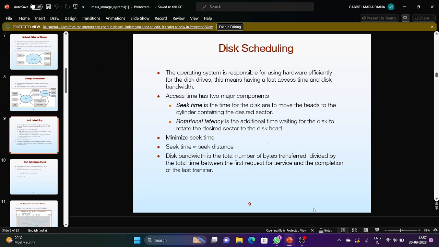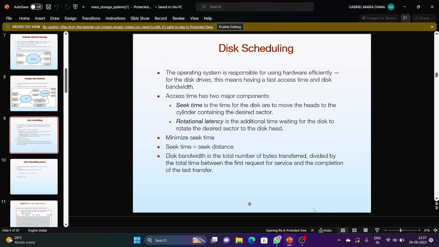According to the user's requirement of data, we will access the data from the secondary storage, from the sector which stores the data. In this we have access time. Access time has two major components: one is seek time and the other is rotational latency. Seek time is the time for the disk to move the heads to the cylinder containing the desired sector.